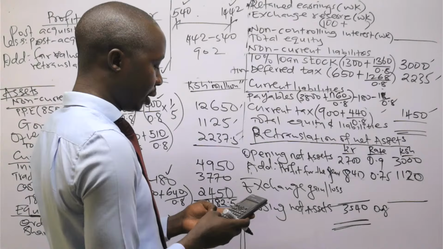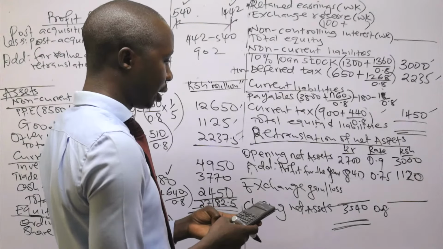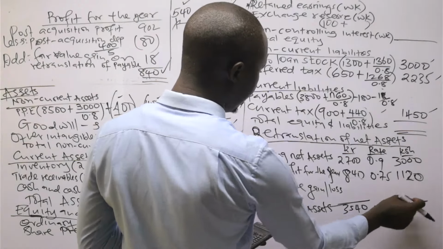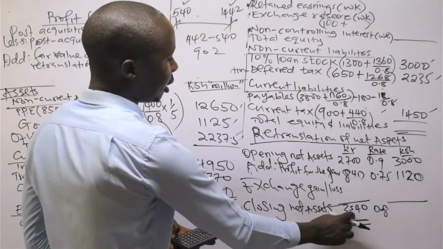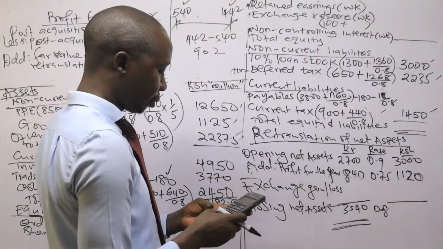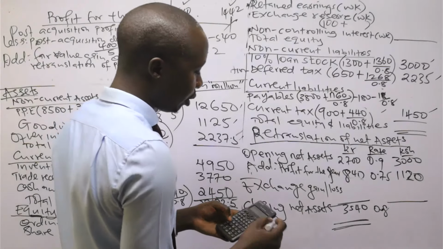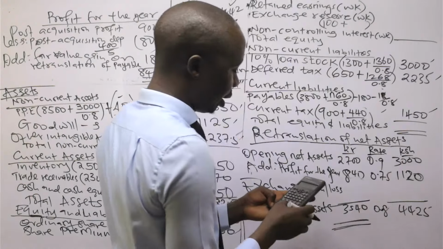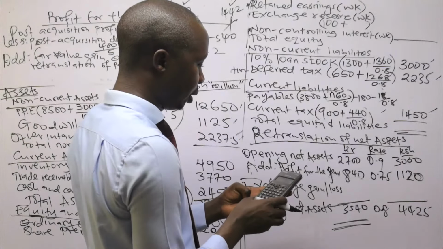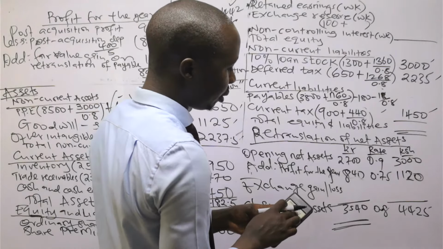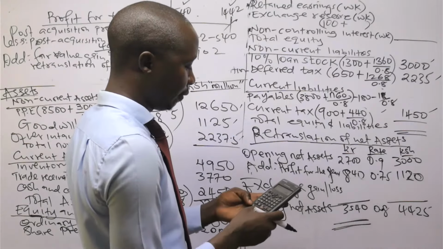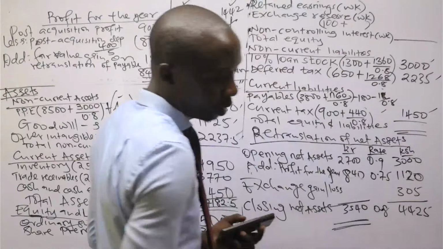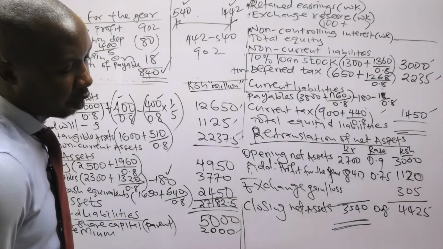So to know if there is an exchange gain or loss at the end, I have to translate this closing net assets at the closing rate. Dividing by 0.8, I will get 4425. So 3000 plus 1120, I'm getting 4120. So 4425 minus 4120, there's an exchange gain of 305.